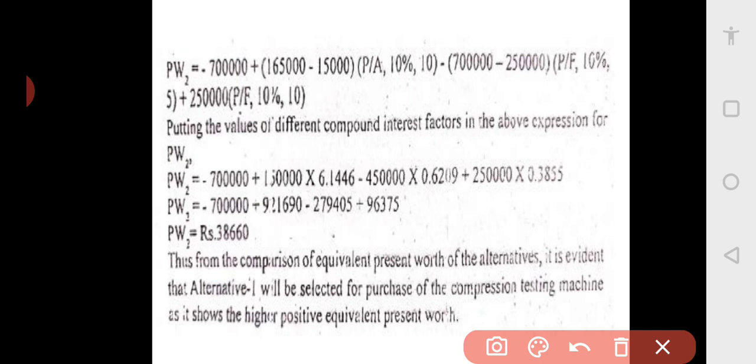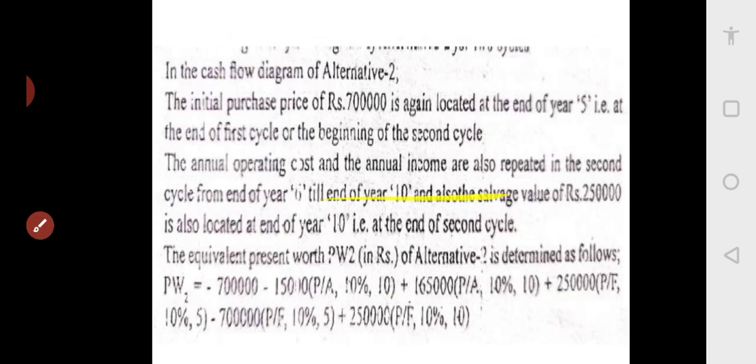See here, the present worth is only 38,660, whereas the first one was 90,000.